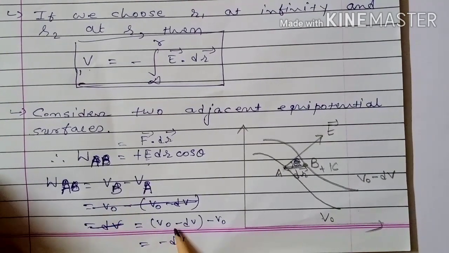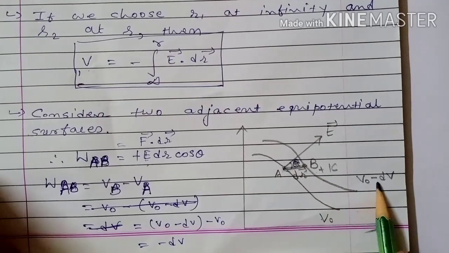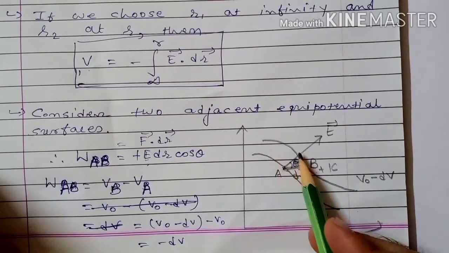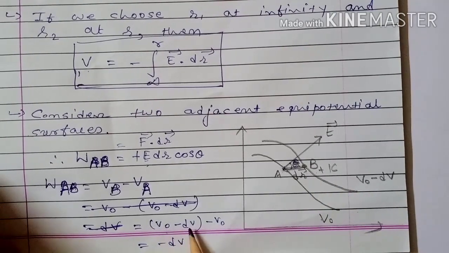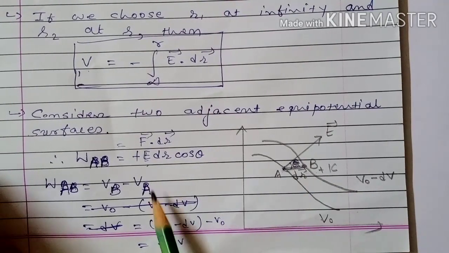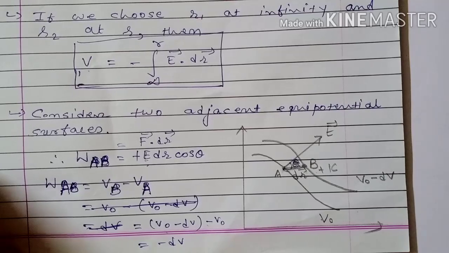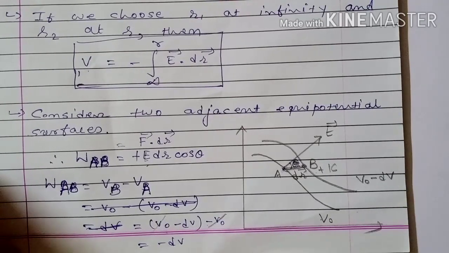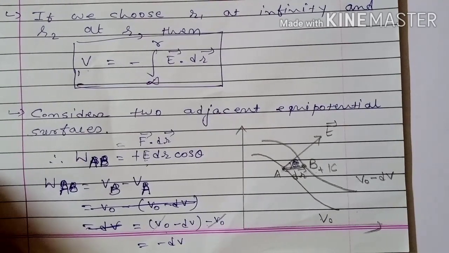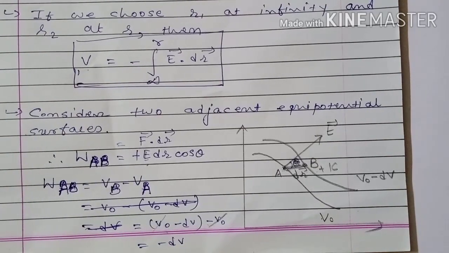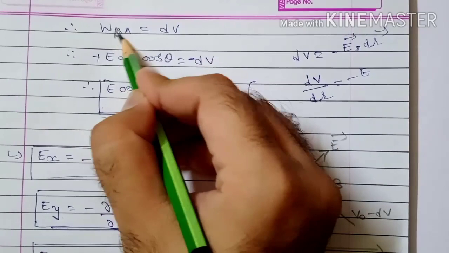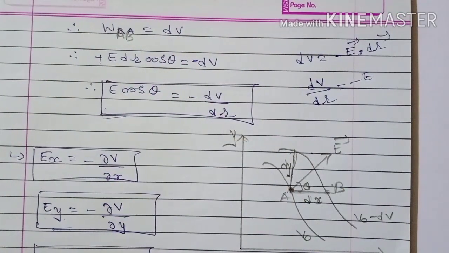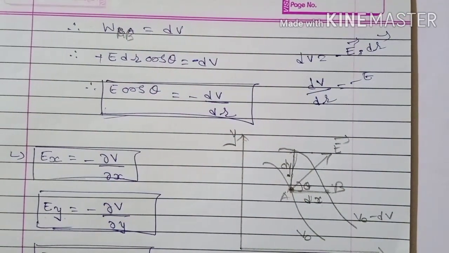What is the potential at point B? That is V0 minus dV, because at every point on this equipotential surface, potential will be V0 minus dV. So V0 minus dV minus potential at A, that is minus V0. V0 minus V0 will get cancelled. What will remain? Minus dV. So work done in moving charge from A to B is equal to minus dV.